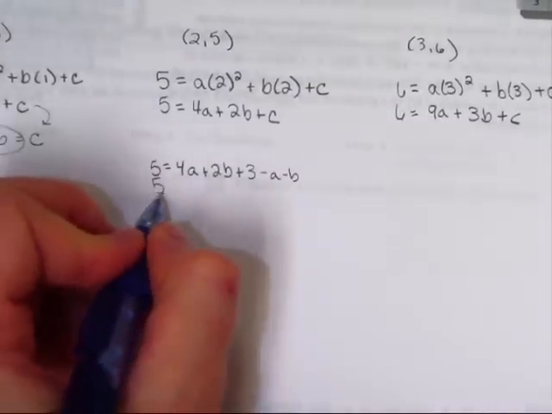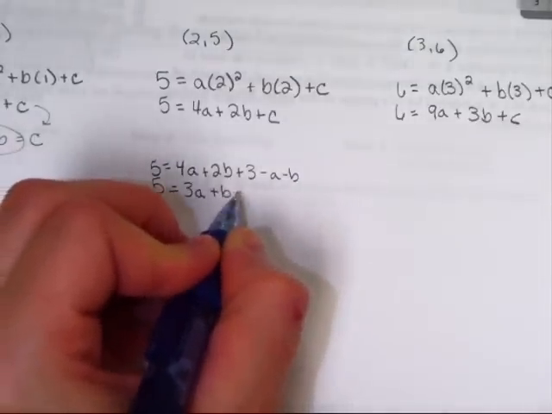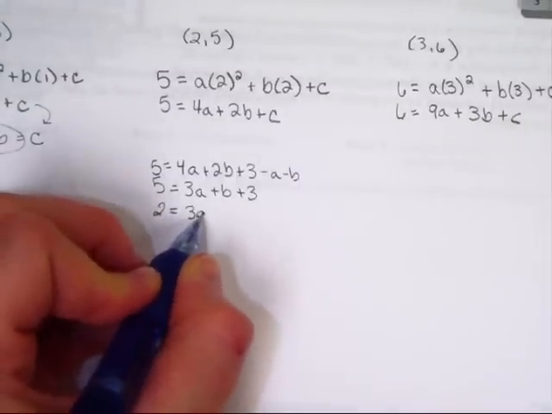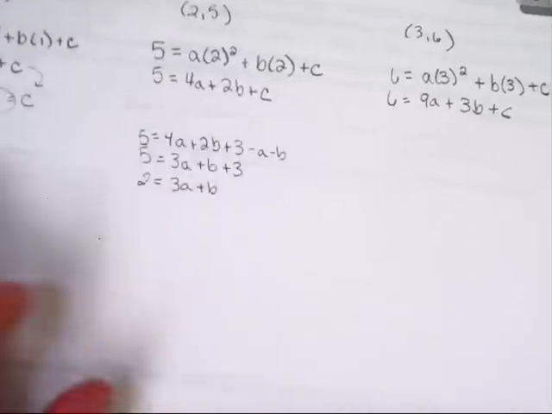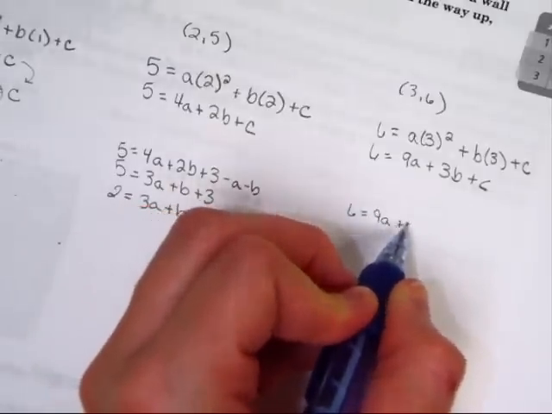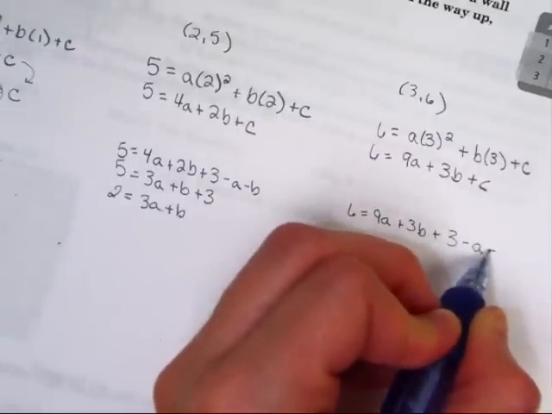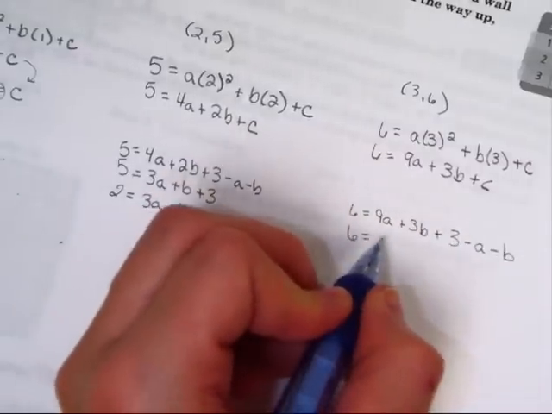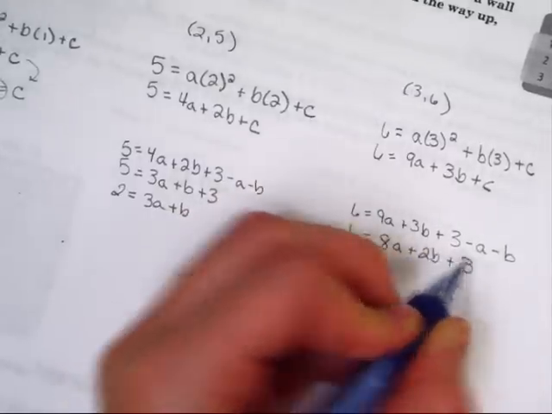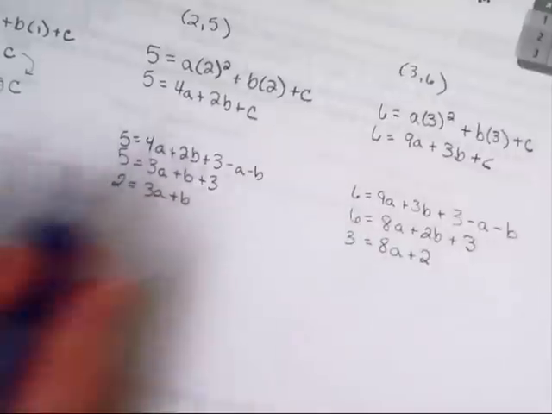Let's simplify. 5 equals 3a plus b plus 3. Move the 3 over: 2 equals 3a plus b. Now the other one: 6 equals 9a plus 3b plus, not c, 3 minus a minus b. Combine. That makes 8a, 2b, plus 3. Take the 3 over: 3 equals 8a plus 2b.